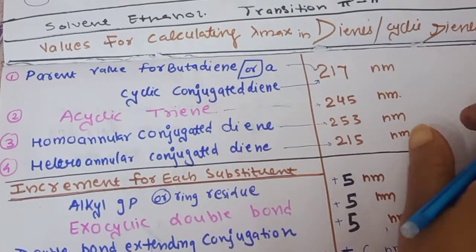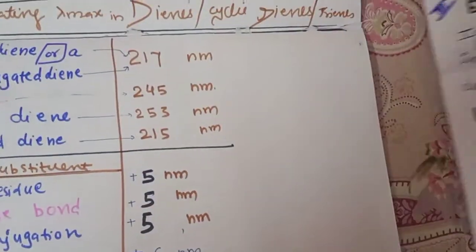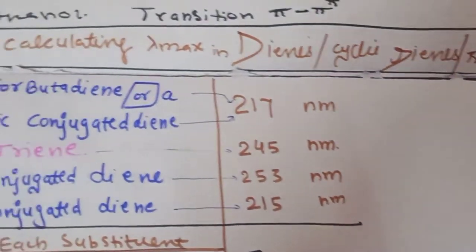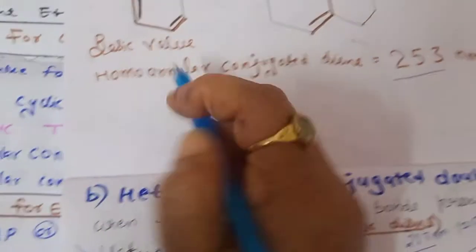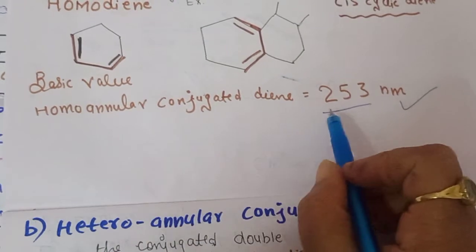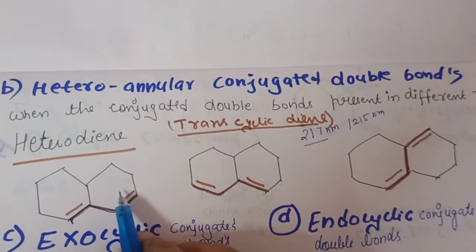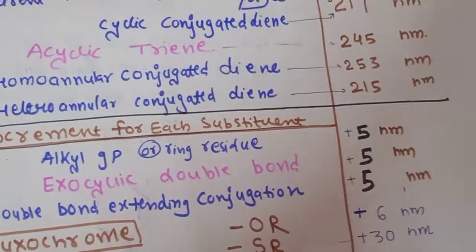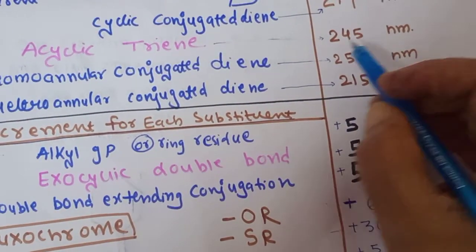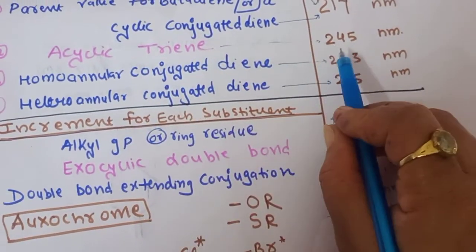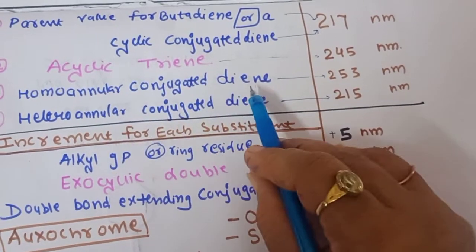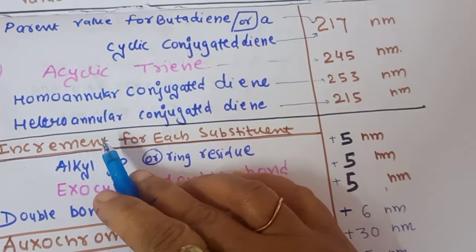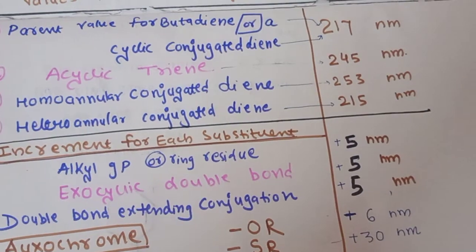Homoannular conjugated diene is 253, and heteroannular the value will be 217 or 215. So just like this the values are written here. So acyclic triene is 245 nanometer, homoannular conjugated diene is 253, heteroannular it is 215 or 217.